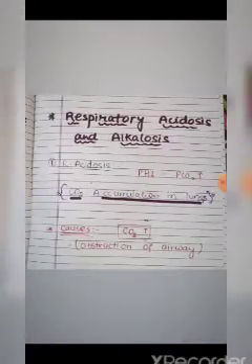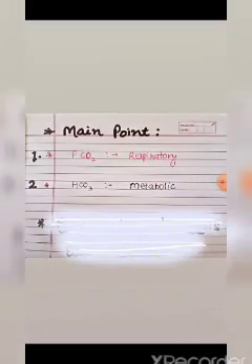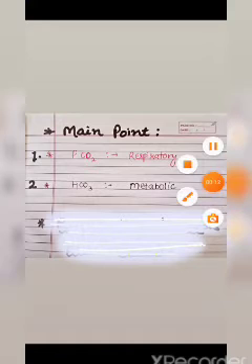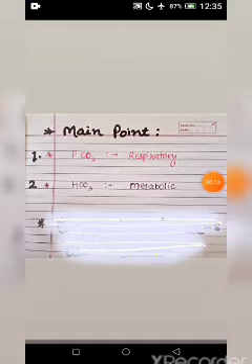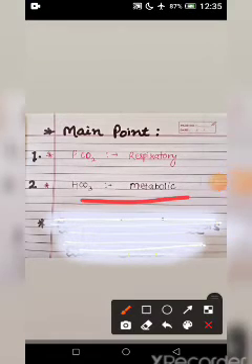Now according to this concept, when we discuss HCO3 levels, it will be metabolic. In case of metabolic, it is directly proportional to pH. When pH is increased, HCO3 levels will always be raised, and when pH is decreasing, it indicates an acidic condition and it will be metabolic acidosis.